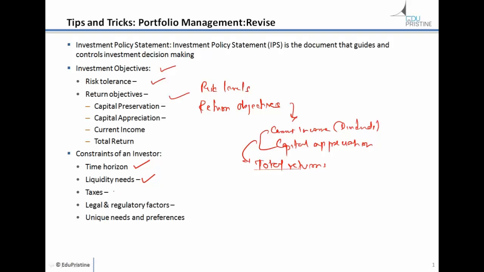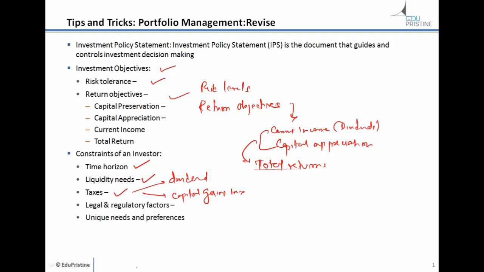One must also take into account the taxes which are levied upon the dividend or on the capital appreciation. So if the capital gains tax is much higher than the dividend yield tax, then as a portfolio manager, you may advise your client to go for a high current income based strategy, because you will be levied less tax compared to going for a growth strategy.